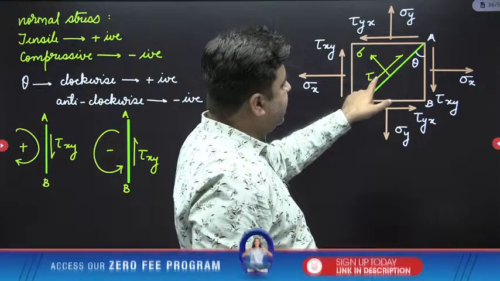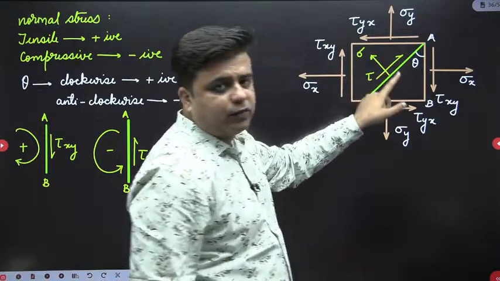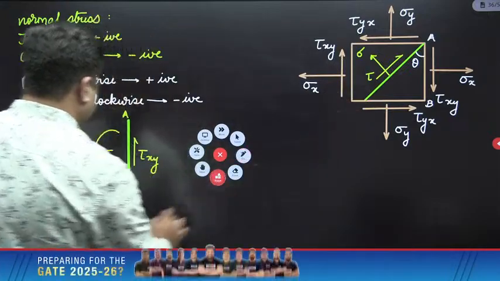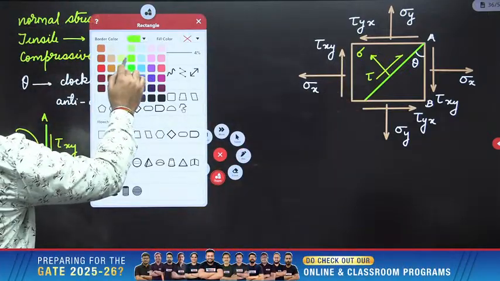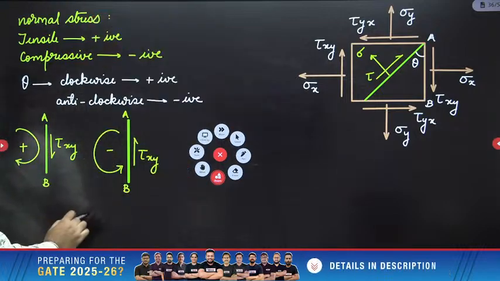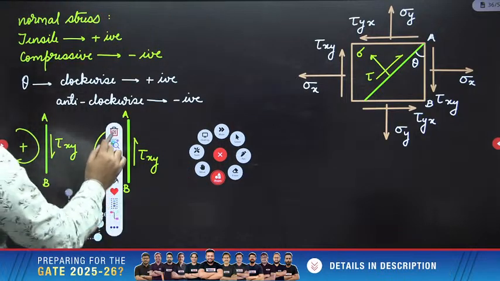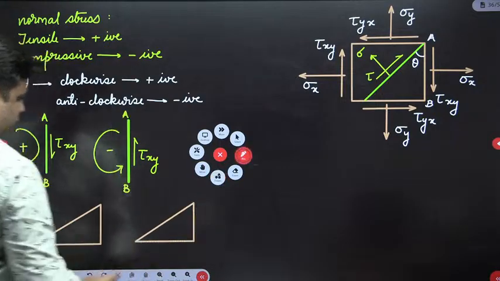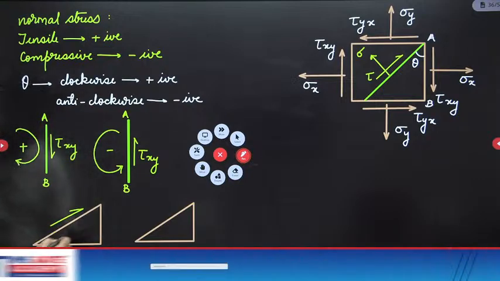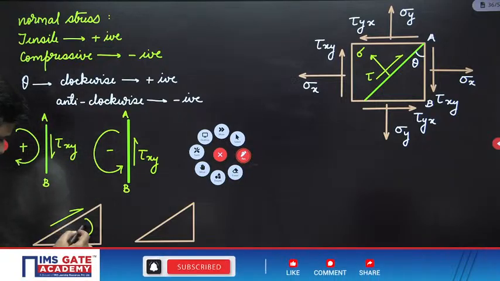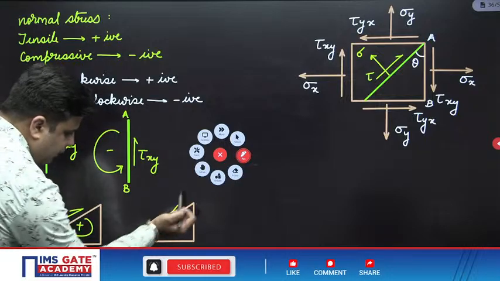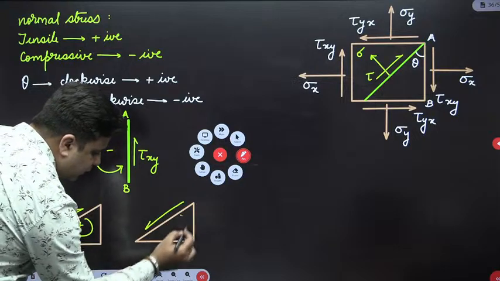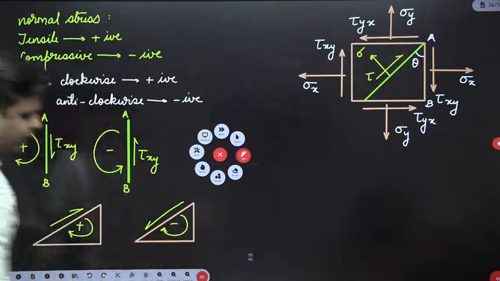Now talking about this oblique plane. Over this oblique plane, if the shear stress gives the clockwise sense of rotation, then it is positive. And if it gives the anti-clockwise sense of rotation, then it is negative, right?